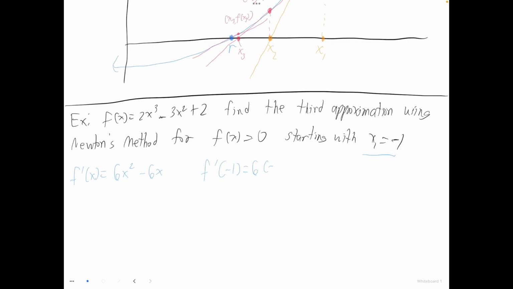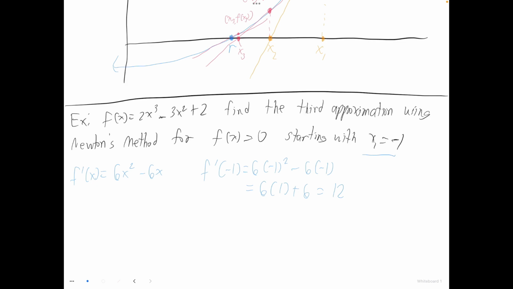That is 6 times negative 1 squared, minus 6 times negative 1. So we get 6 times 1 minus negative 6, so plus 6. We get 12. And so we have that f prime of negative 1 is 12.